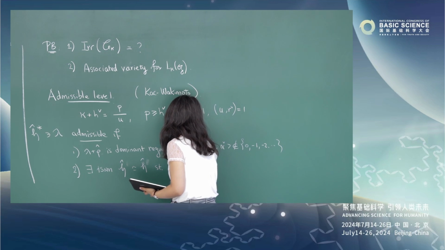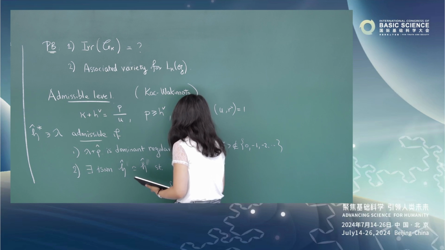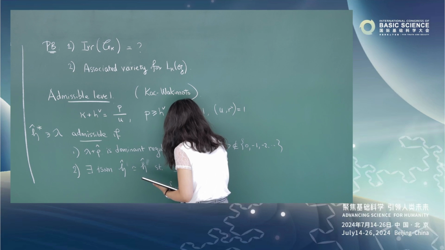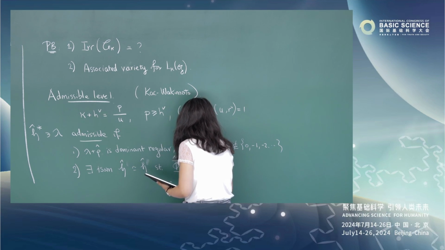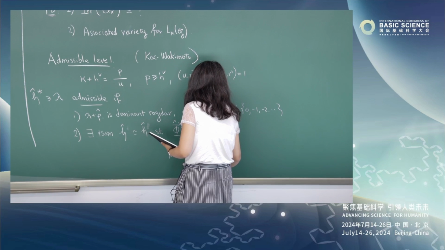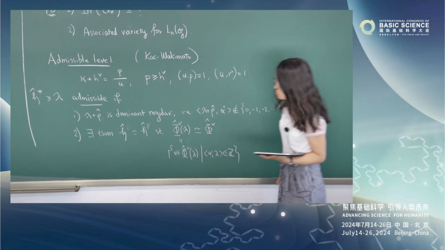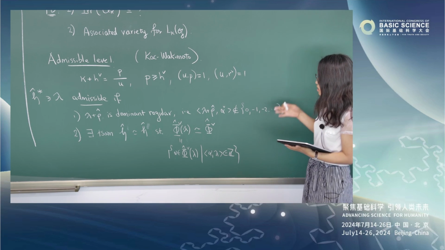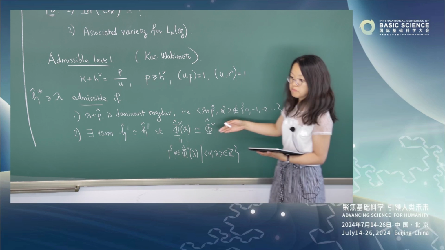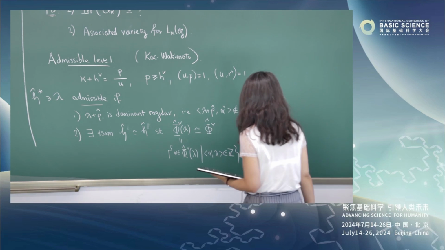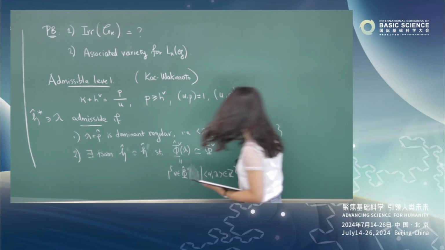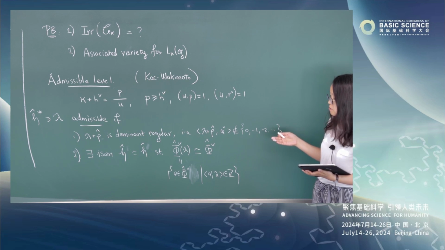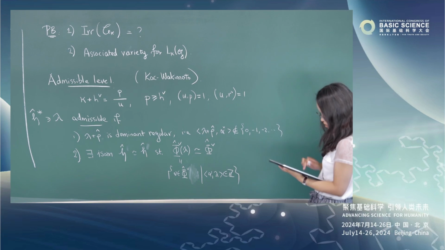These are the elements alpha such that the pairing of alpha and lambda is an integer. So this is the kind of weight which is not integral, but this is the set of weights which behave as integral weights.